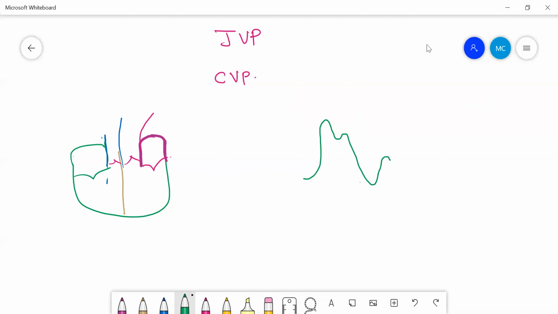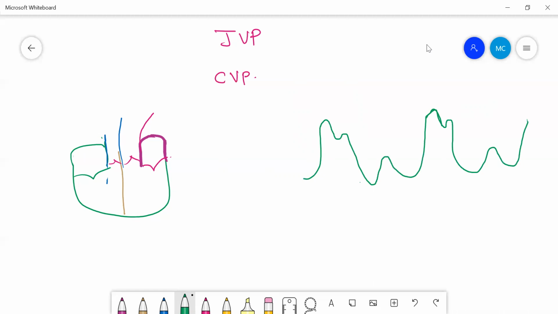Then there is a small positive wave, the V wave. Then it is followed again by a Y descent, and again this continues. So this is A wave, C wave, X descent, V wave, Y descent, and again this continues. This is a normal waveform of a jugular venous pulse.